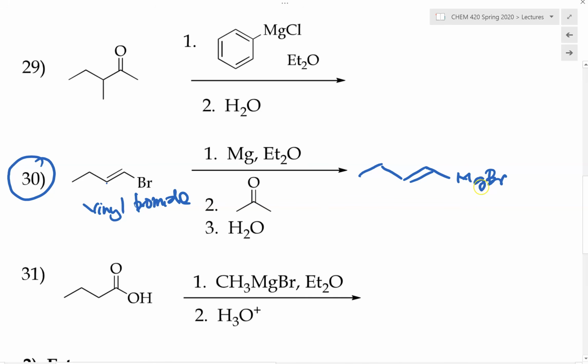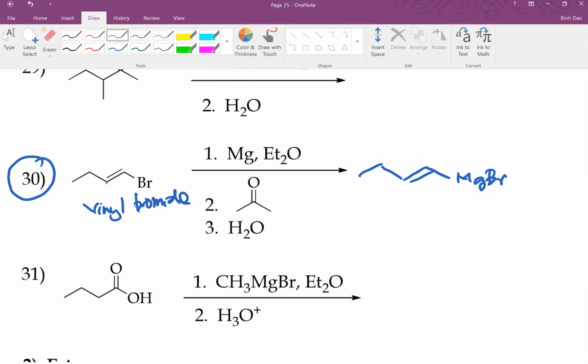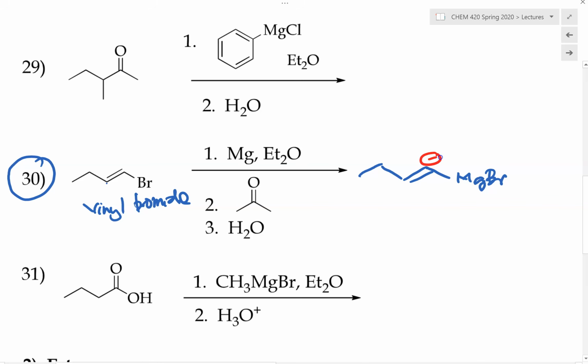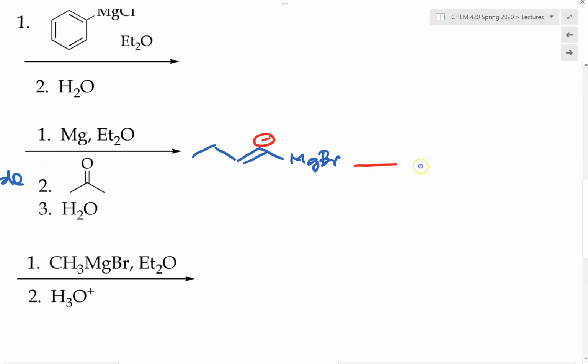And on this Grignard reagent, it is this carbon that is negatively charged. When we now treat this with acetone, or a carbonyl derivative, this bond will be broken and the electrons go to this carbon, making this carbon the nucleophile, and that comes in and attacks this carbonyl carbon.